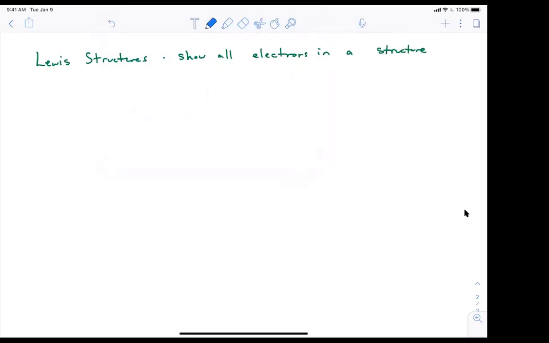I'm going to call this the budget, okay? So this is the number of valence electrons available to use. So you're going to always want to calculate how many electrons you actually have to use, because your structure can only have that number of electrons.